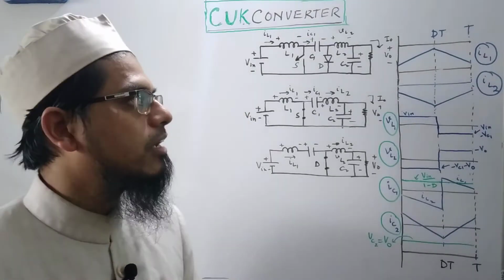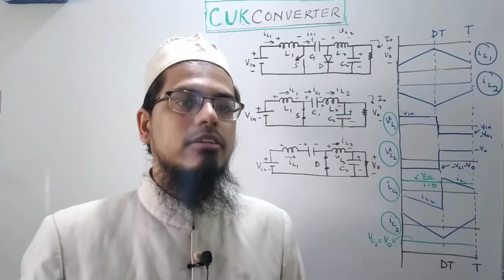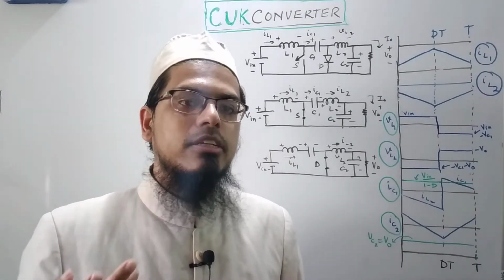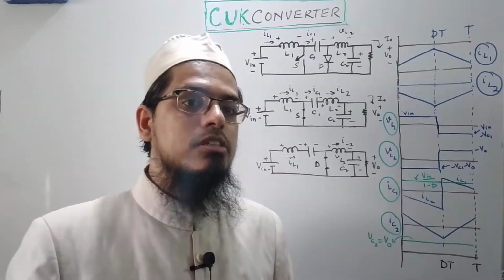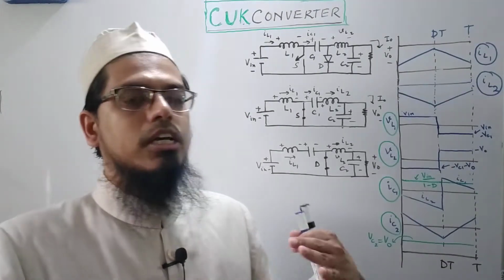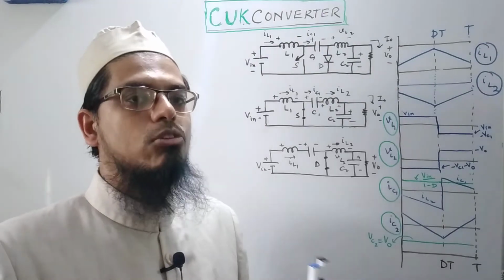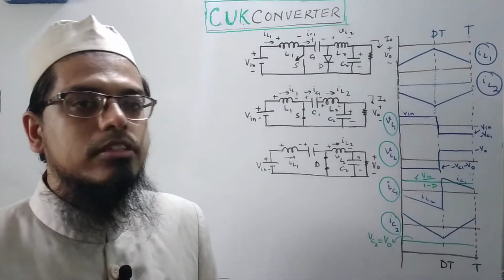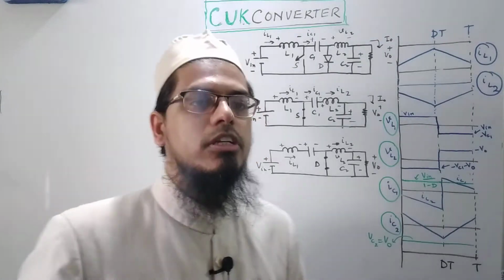Nevertheless, this is a very famous converter, and we normally count the basic three types of DC to DC converters: the buck, boost, and the buck boost. Along with those three, this Shuk converter is also considered one of the basic types of DC to DC converter. So let us now study about this converter.